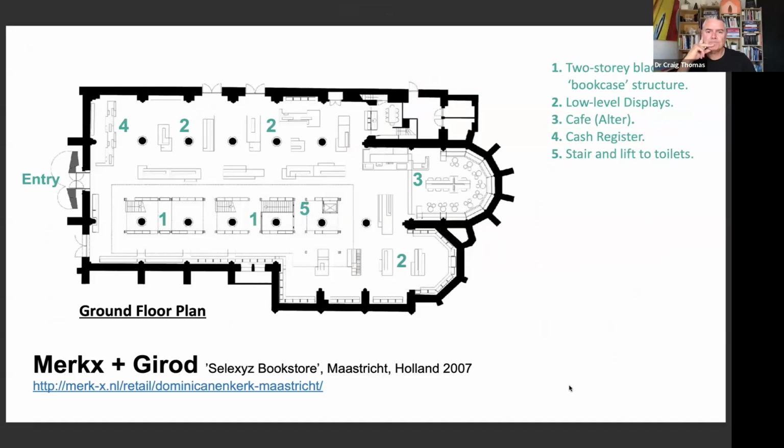So there's the plan. The plan's interesting because one of the things that you'll all recall, I'm sure, from doing the interior architecture was a building analysis, which might start with structure. So what kind of rhythm does the structure have? What kind of bay system might be within a building?